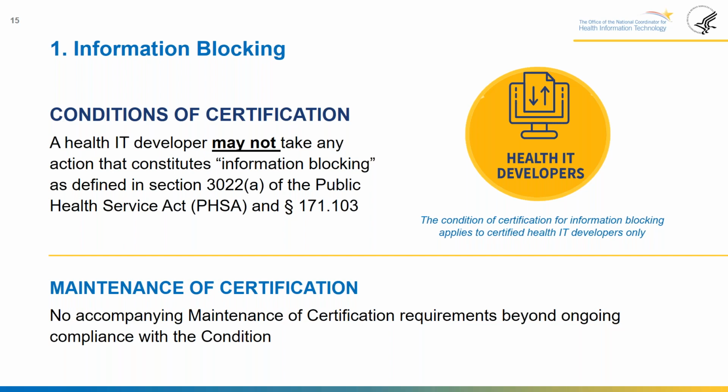But in the context of the program with this condition, we're focusing on those actions related to their certified health IT. So this condition is pretty straightforward. We didn't add a maintenance requirement or propose one either.